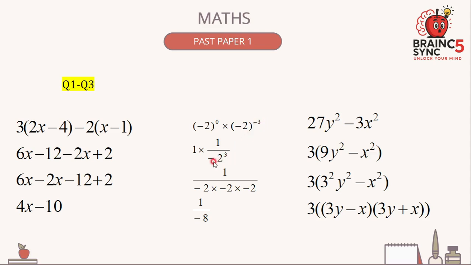As you can see here, this negative 2 now has a positive 3 as a power. The next stage is to multiply this negative 2 three times: negative 2, negative 2, negative 2, 1, 2, 3. Negative 2 times negative 2 gives you positive 4. Positive 4 times negative 2 is negative 8. That is how I got to this one.